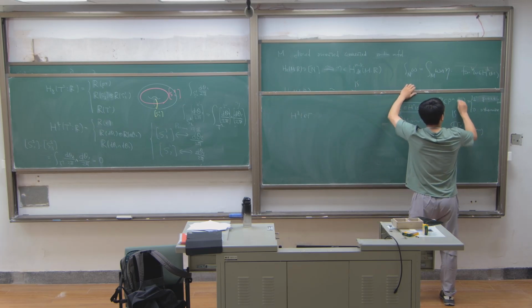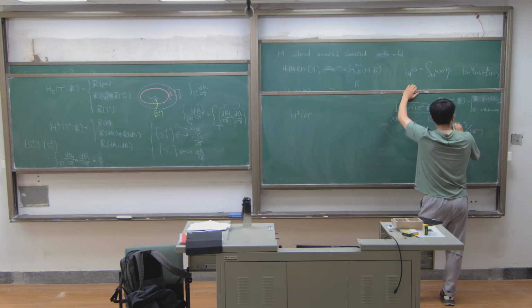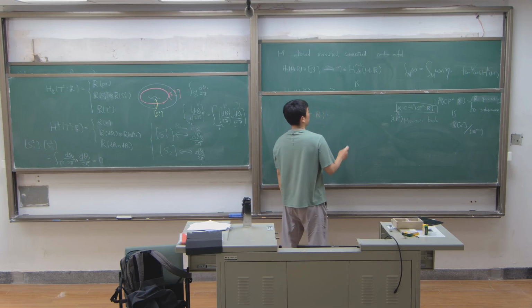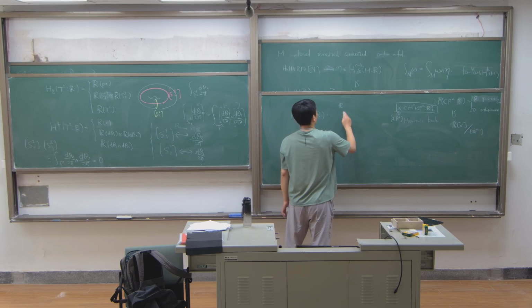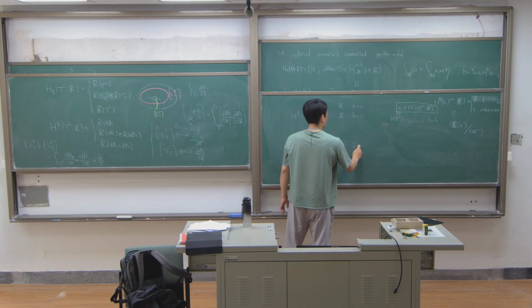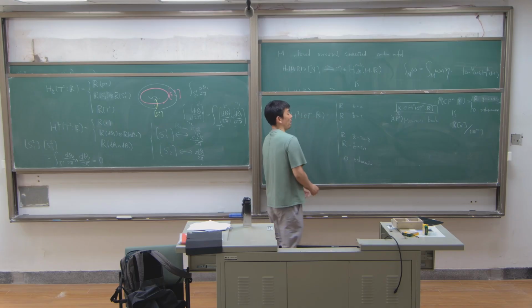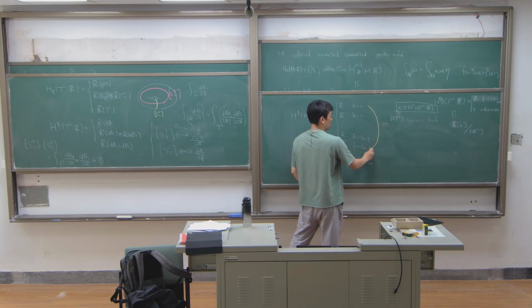If it is R, the ring is like this. As you can easily see, this is essentially R. And then by Hodge duality, you can always pair these two. Those are Poincare duality.